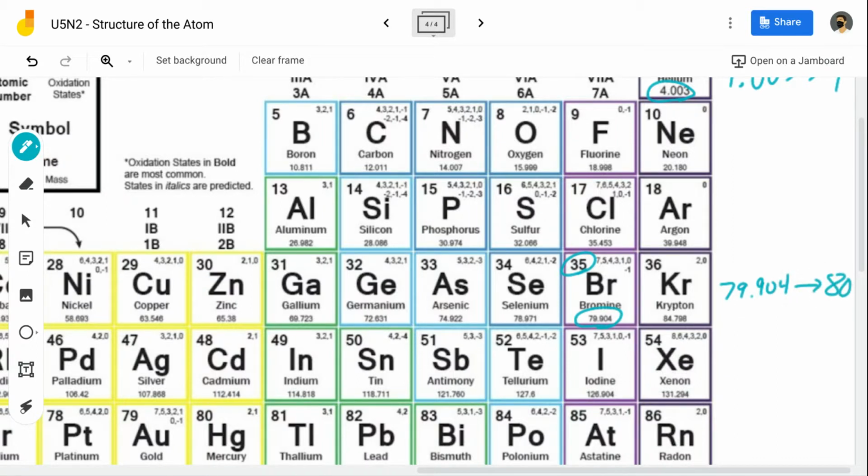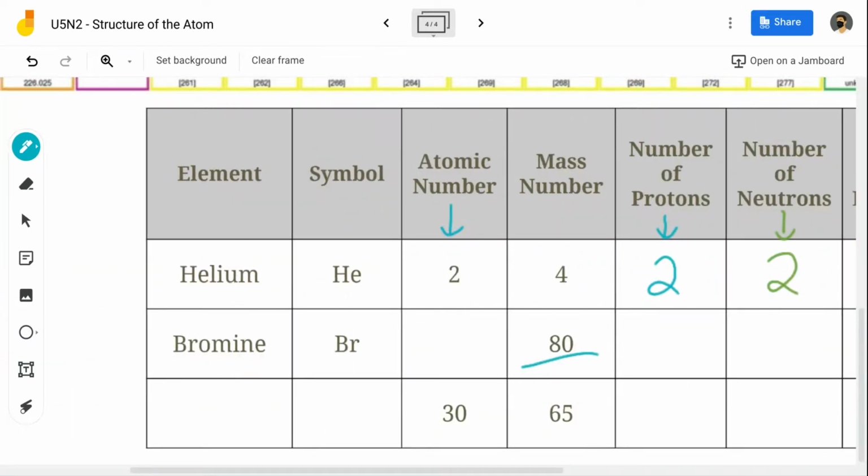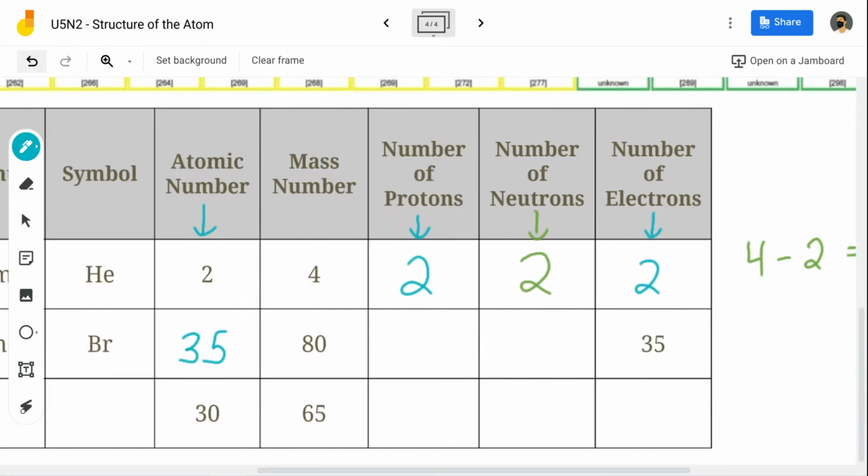So we have an atomic number of 35 and a mass number of 80. We already have the mass number, but the atomic number is not in our table yet, so we can add that. And then we can copy that same number for protons and electrons, which already is there.